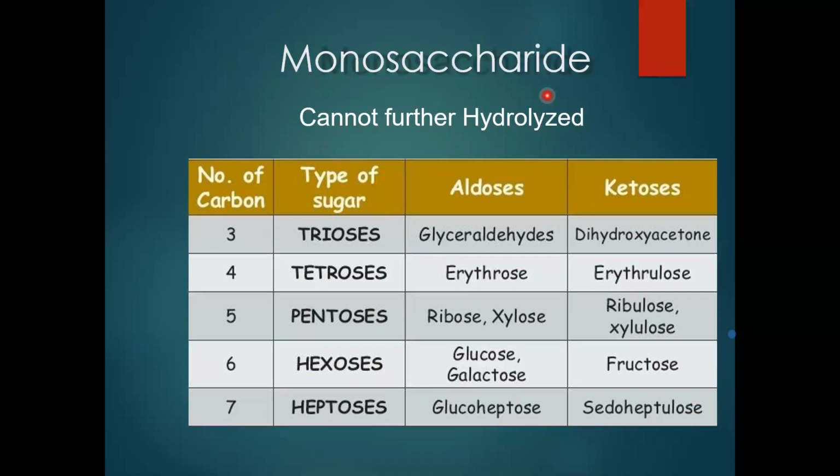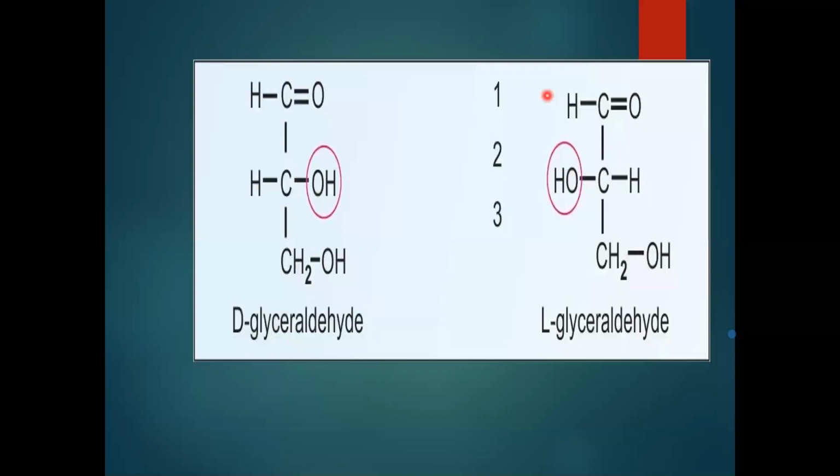With 4 carbon atoms are tetroses, erythrose and erythrulose. With 5 carbon atoms are pentoses. Examples are ribose, xylose, ribulose, and xylulose. Hexose is a 6 carbon compound, including glucose, galactose, and fructose. And heptose is a 7 carbon compound, including glucoheptose and sedoheptulose.